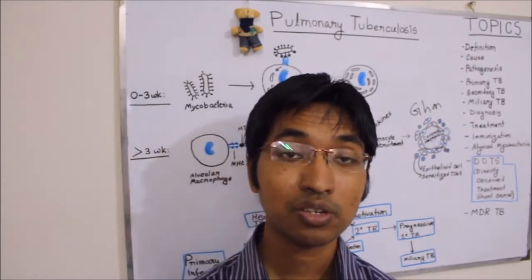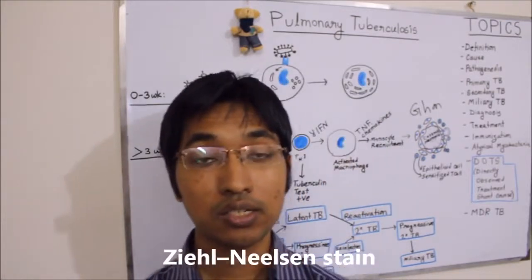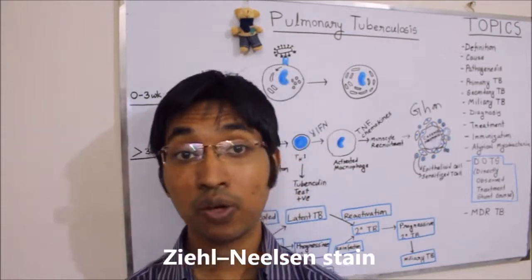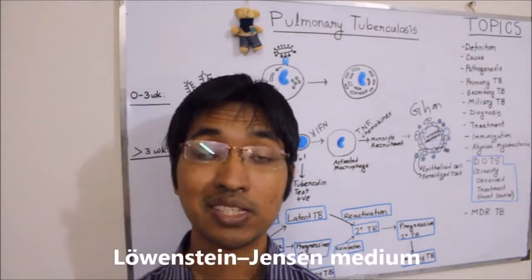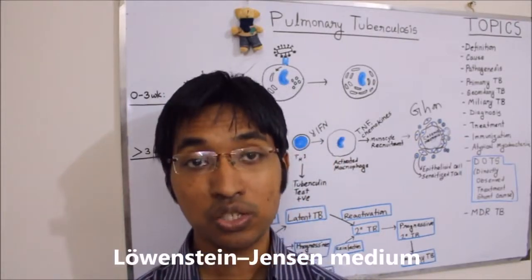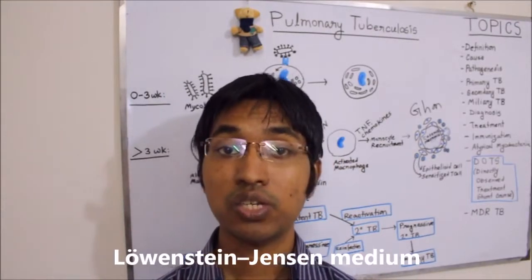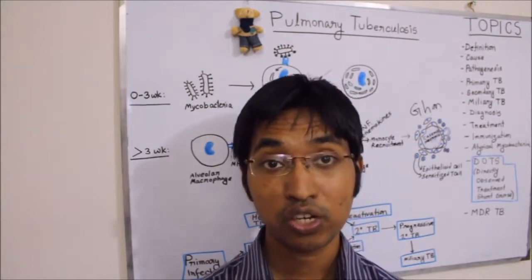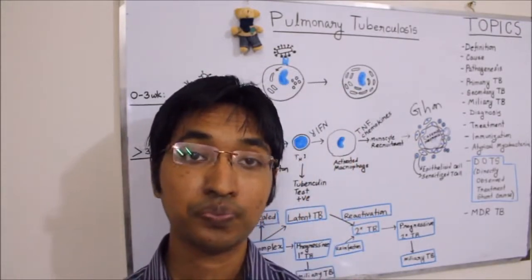So we use Ziehl-Neelsen stain to identify the organism. And we also use a special type of culture media that is known as Lowenstein-Jensen media to culture the organism, and it takes about 6 weeks. Polymerase chain reaction is also useful.